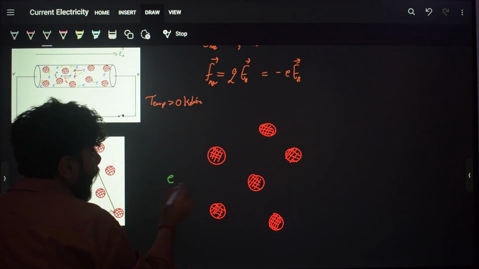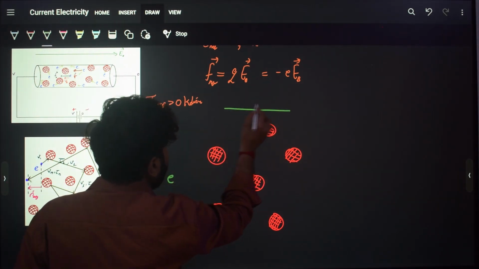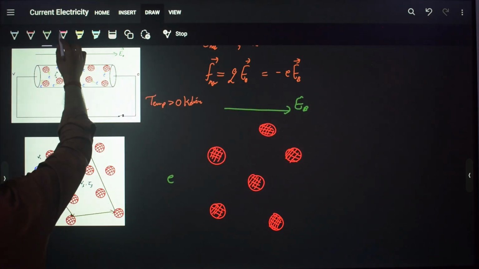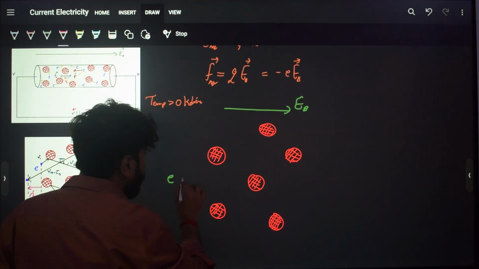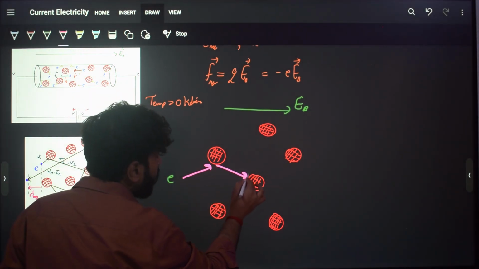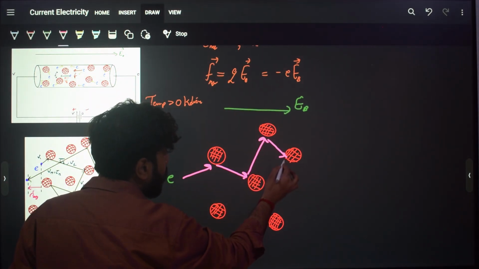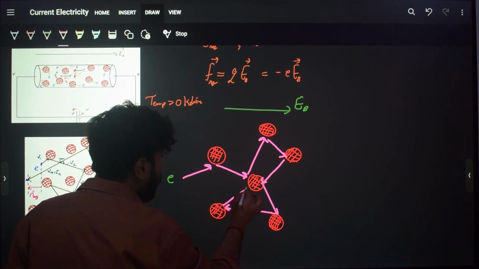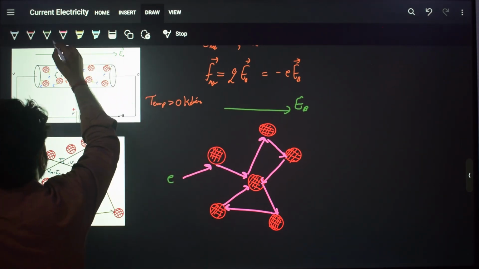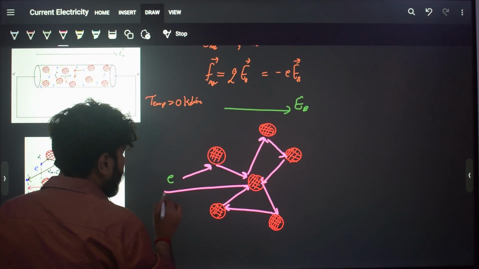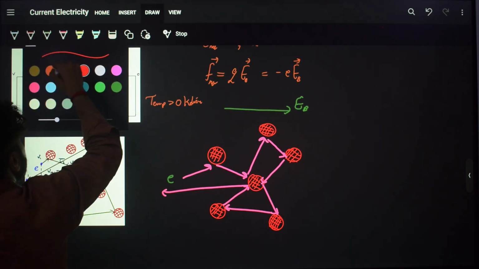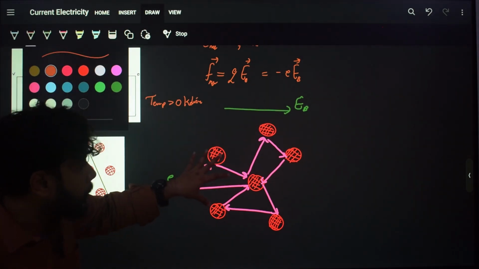There will be an electron, and it will experience a force in this direction because there is an electric field in this direction. And because of thermal energy, they will be constantly moving here and there. Even though they are constantly moving, it was experiencing some force.